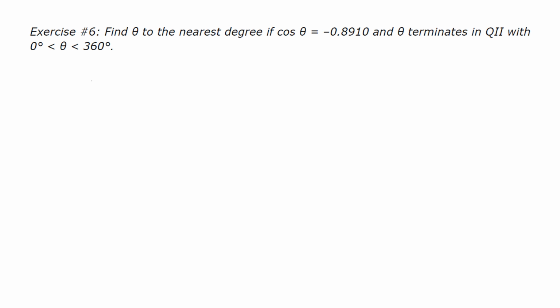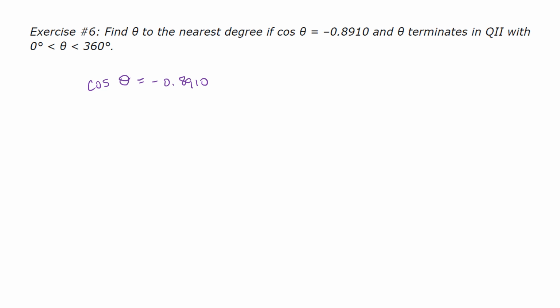So we know that cosine of theta equals negative 0.8910. Okay? So to find theta, we are going to use our reference angle to identify what theta could potentially be.